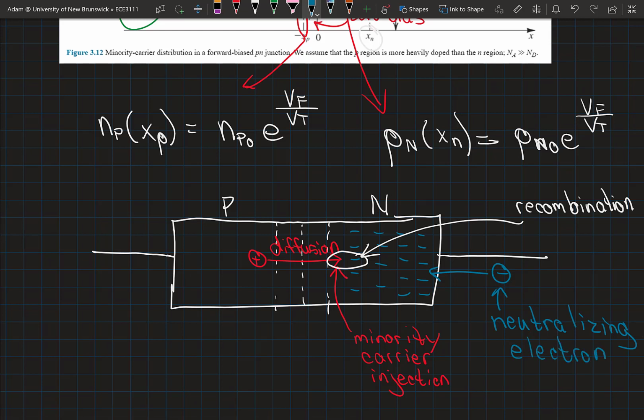And the same argument could be made from the other perspective, as we also will have electrons that will make their way across due to diffusion.